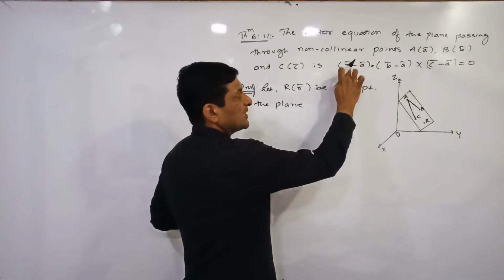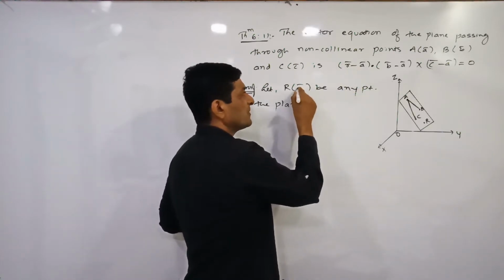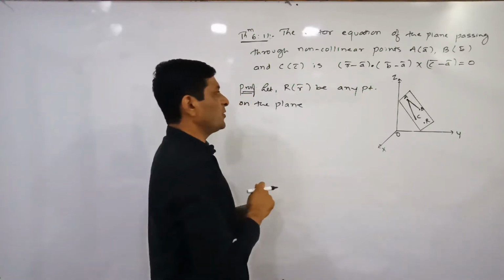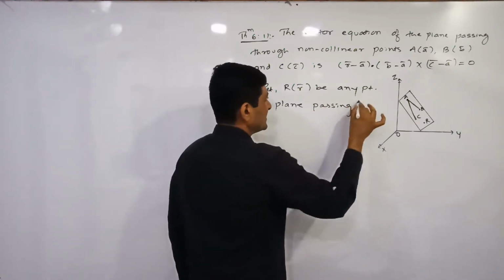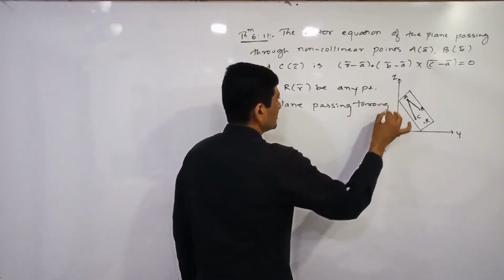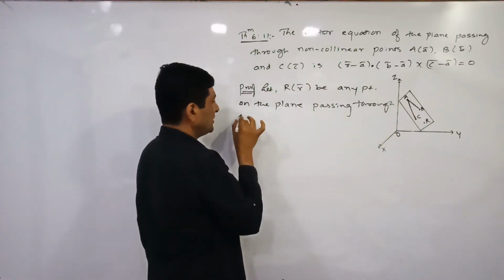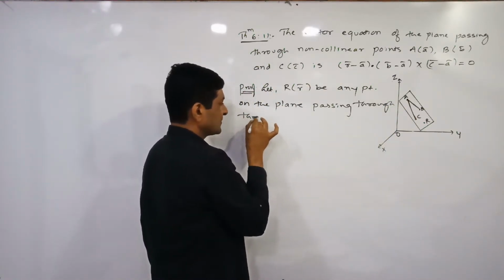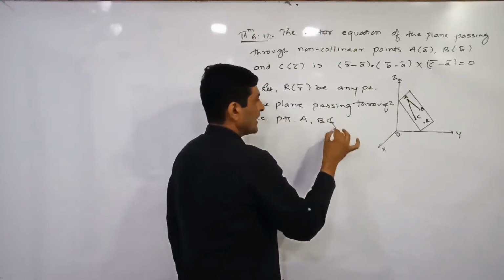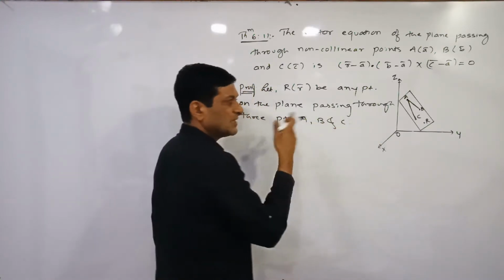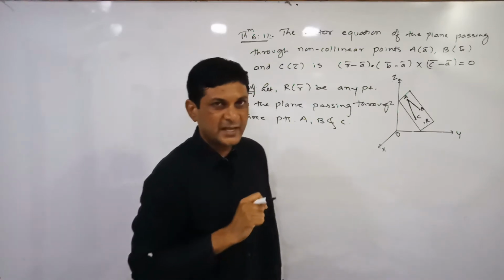So in this formula R bar is nothing but the position vector of any point on the plane passing through the three non-collinear points A, B and C. So the plane passes through these three points A, B, C.